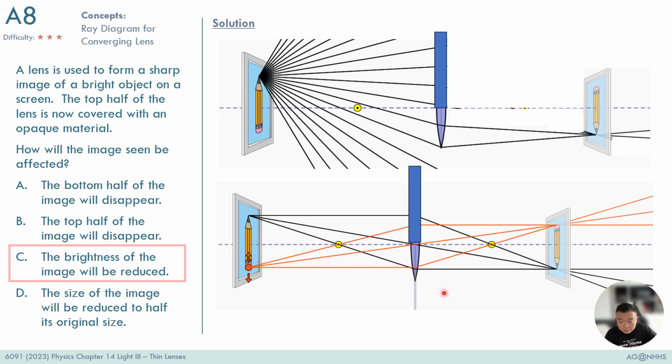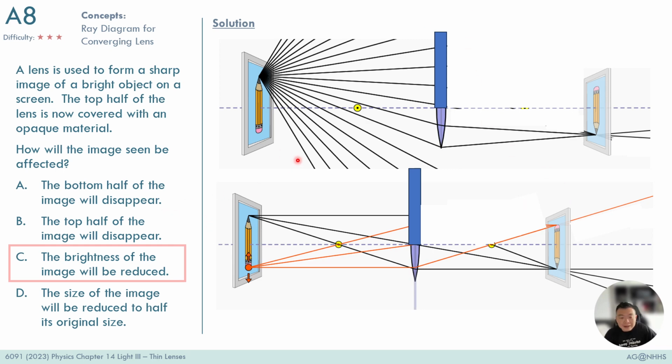So if we again block off the top half of the lens, then probably we'll block off these two light rays. But there are still light rays being refracted off the lens to the top part of the eraser. So therefore, again, we can still see and form an image of the eraser here. But again, because of the fewer light rays, it will probably be dimmer.